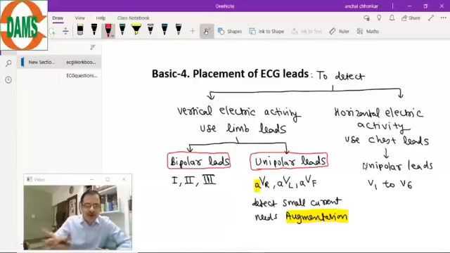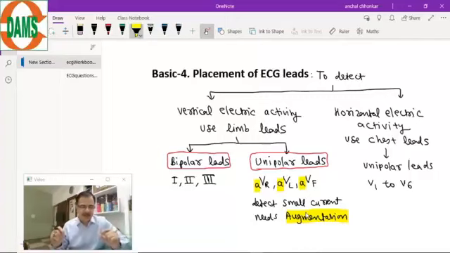So there is augmentation by the machine so that we can see the waveforms easily. So the letter A is put before these unipolar leads. And that A stands for augmented leads.